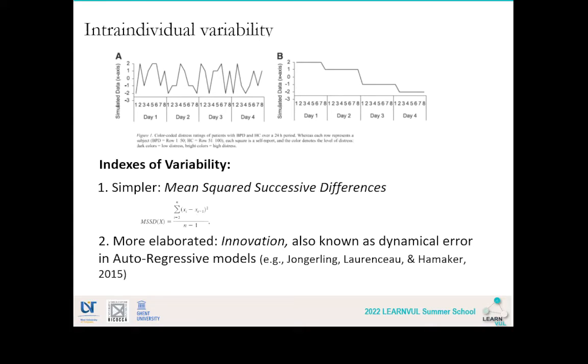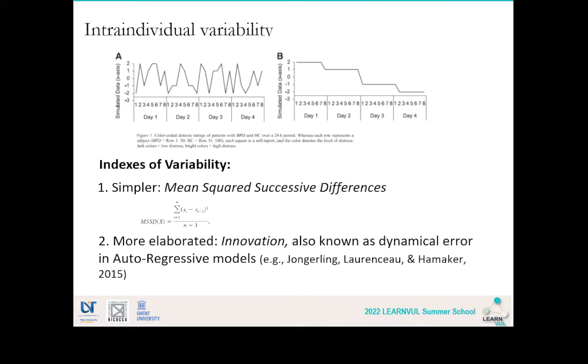I said that I'm not talking about statistics, but it's just to give you some information on what can be used as an index of variability without a very elaborate statistical model. You have mean square successive differences, where you take the difference between time points.